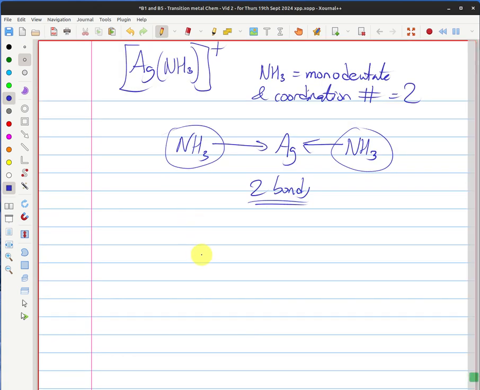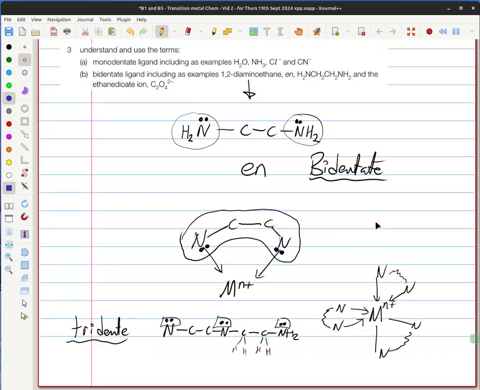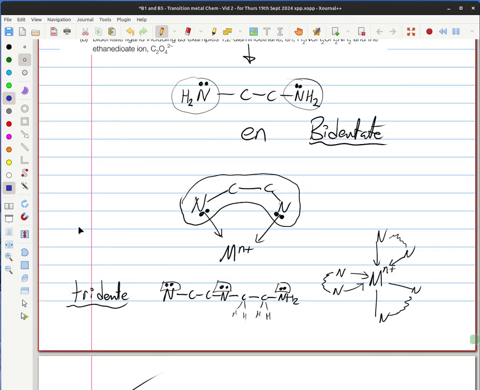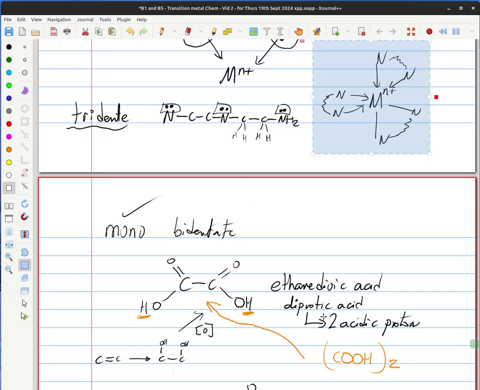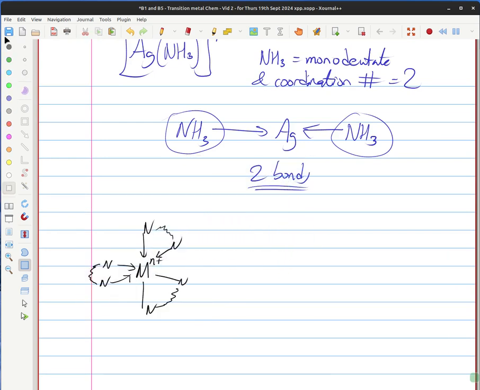So what about this en thing? Let me just copy and paste again, because I'm not going to be able to draw it anywhere near as well as I did before. Okay, so here's our en surrounding this metal. The complex here has 6 bonds in total.